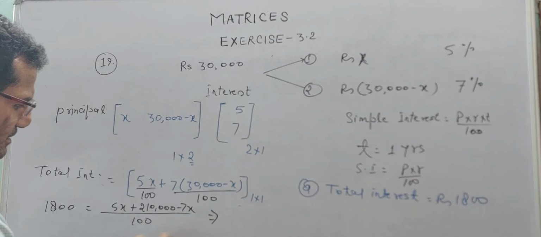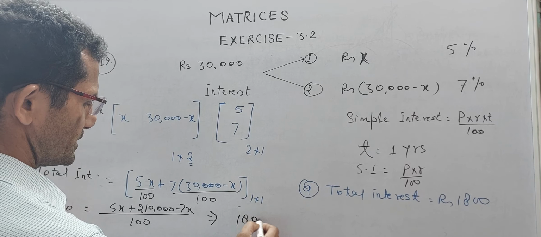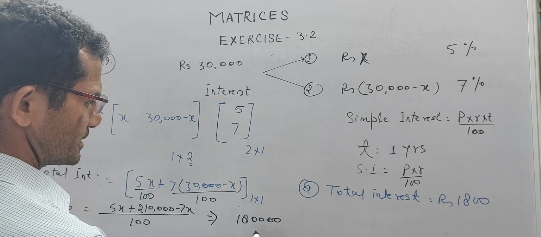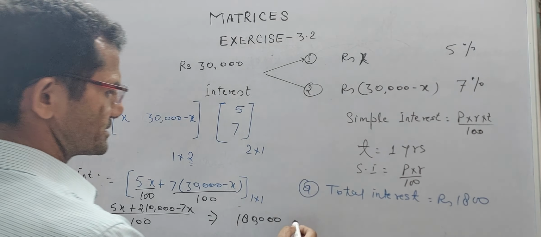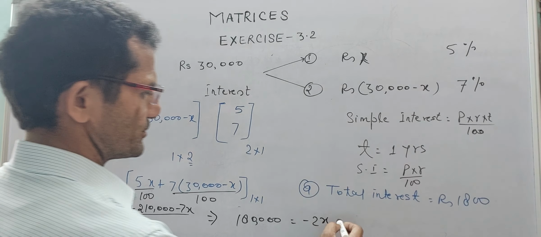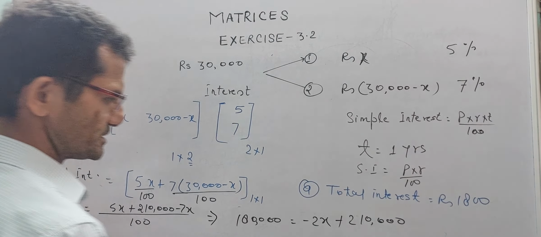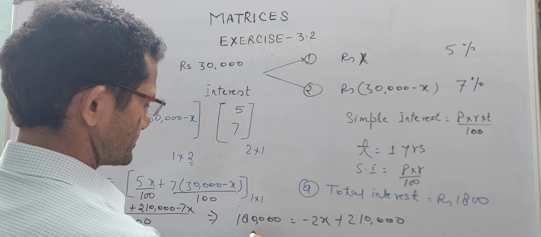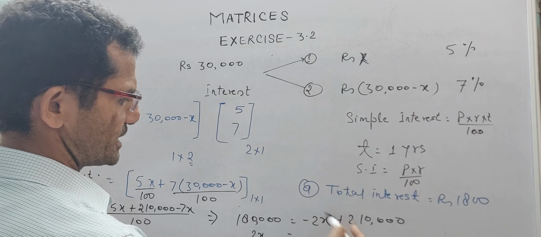Now this 100 goes to this side, 1800 into 100 is 180,000, equal to 5x minus 7x which becomes minus 2x, plus 210,000. So now 2x goes to the left hand side because this is minus, and 180,000 goes to the right hand side.